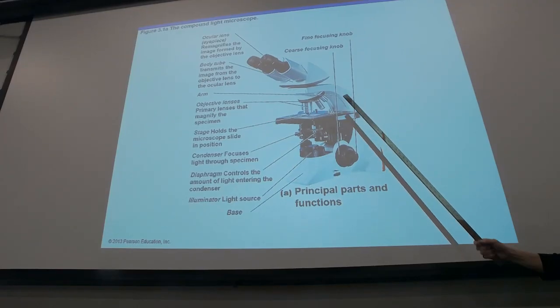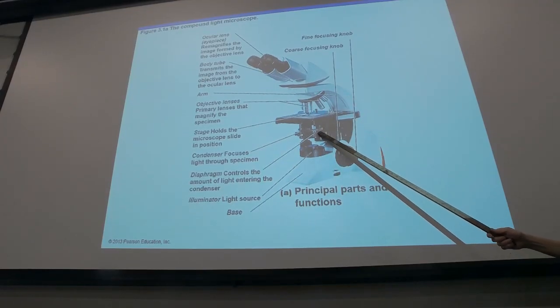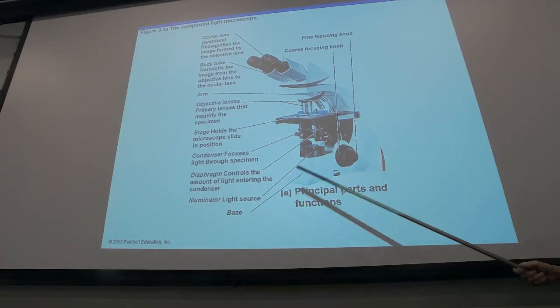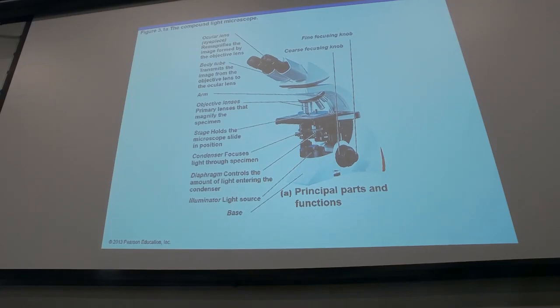And then underneath this condenser lens we have a diaphragm, which is basically like an object that can open and close, just like the iris in our eyes, that allows light to go through more or less. So when you close the diaphragm, less light goes through the pathway of light. But when you open it, more light goes through.